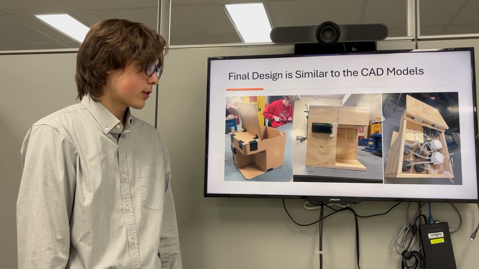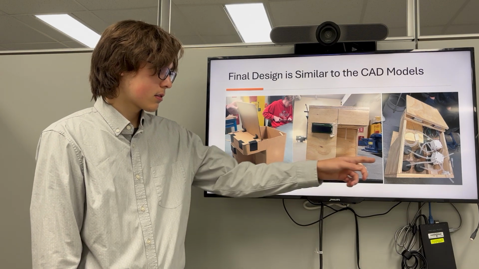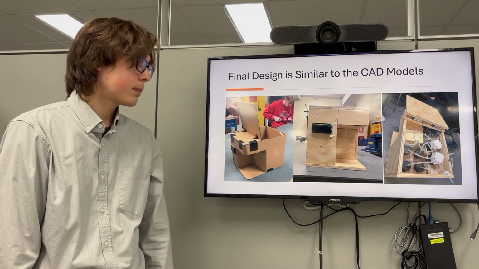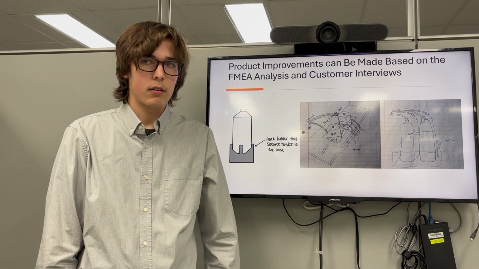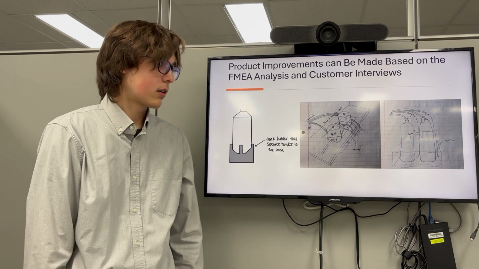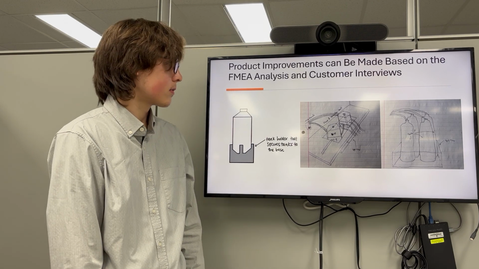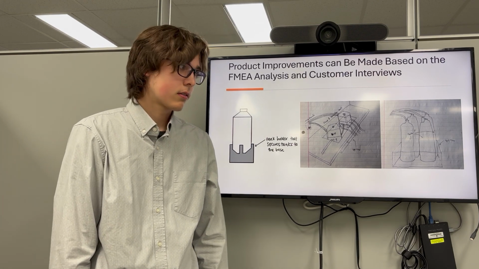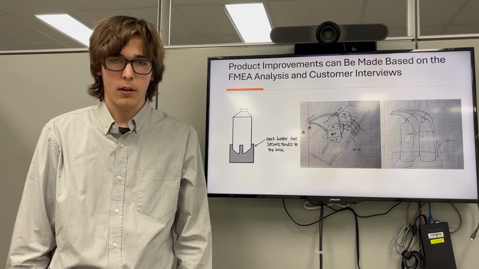It doesn't have all the rounded corners and stuff, but it looks like this, and there's all of the electronics seated inside of it. So our product can be improved based on the FMEA analysis and customer interviews, which we would conduct after distributing our product. All right, thank you.